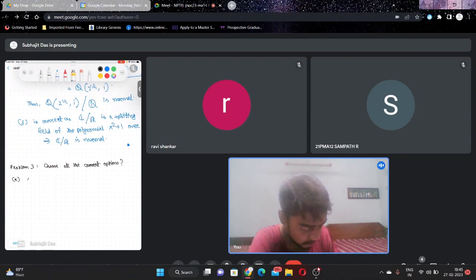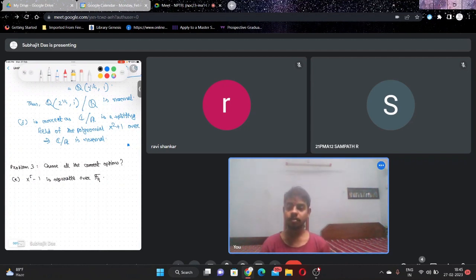Option A is x to the power 5 minus 1 is separable over F9. Do you know what F9 is? F9 is just the finite field of order 9. Up to isomorphism, there can be exactly one finite field of order p to the power m, where p is a prime and m is any positive integer. F9 here is a finite field of order 3 squared.